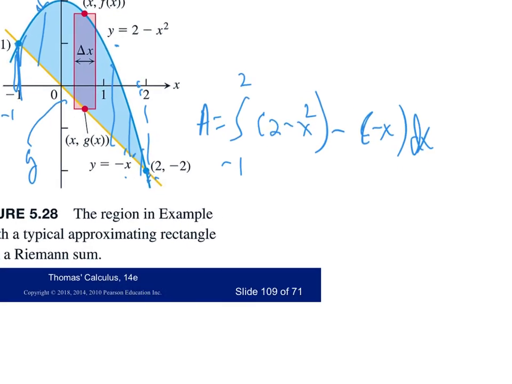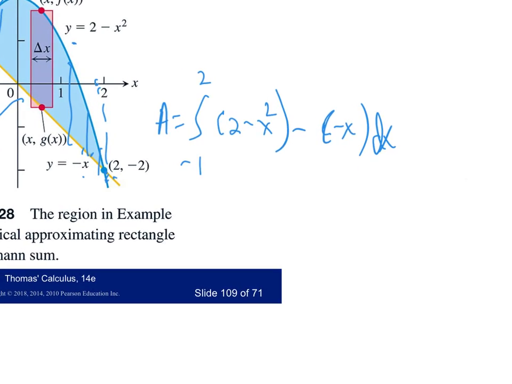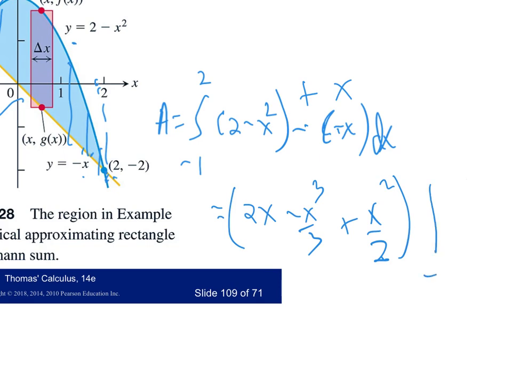Why don't we finish this problem? We're here. So equals 2. When I integrate 2, that becomes 2x. When I integrate x squared, that becomes minus x cubed over 3. That's a minus minus, that becomes a plus x. That becomes a plus x squared over 2. All of this is going from -1 to 2.